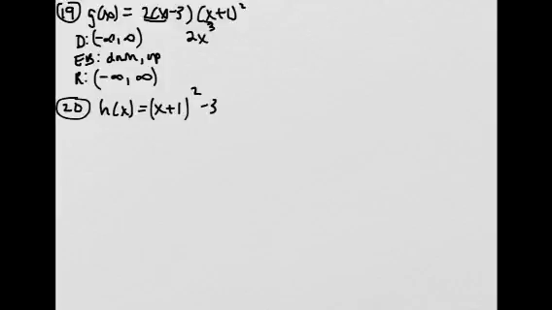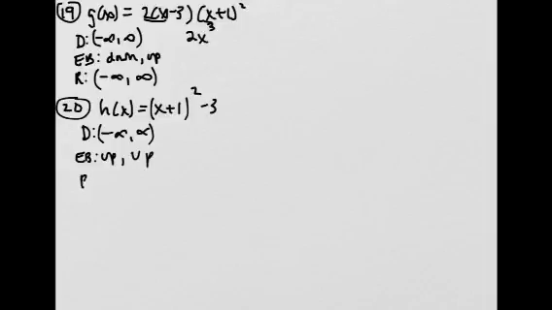Okay, number 20, again, it's a polynomial, so the domain is all real numbers. End behavior, because this is x squared, it's going to go up, up. It's actually a parabola. It goes up, up.